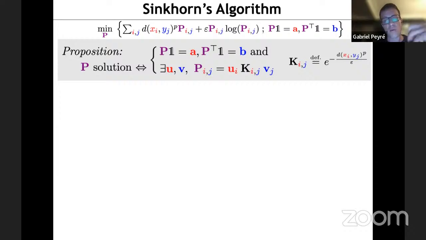And in fact, people were studying this even before the age of computers. And they actually invented the algorithm I will describe much before optimal transport. Okay, and the first thing we can say, which is already a nice result, is that because the original optimization problem is strictly convex, because the entropy is strictly convex, capital P exists and is always unique.